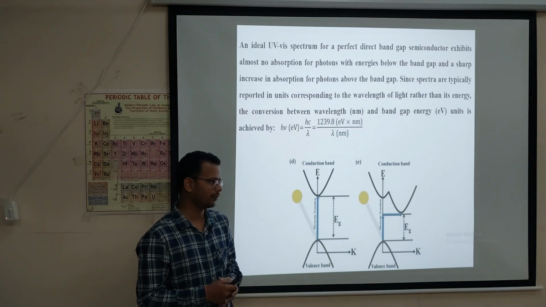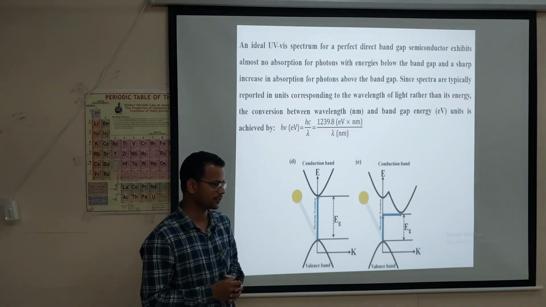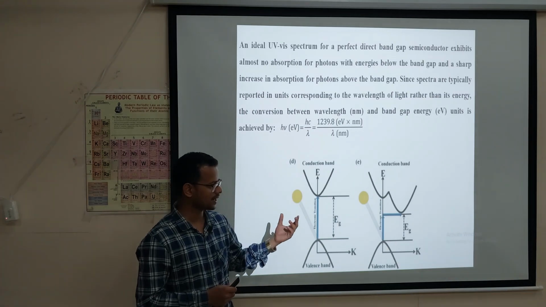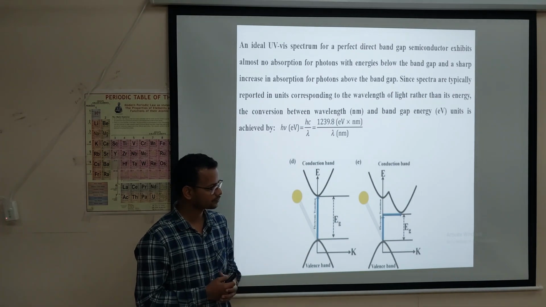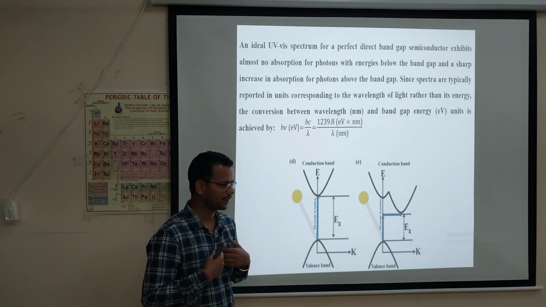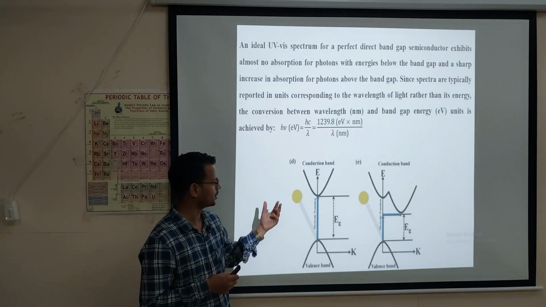Not exactly recombination rate; we cannot assume that by indirect transition the recombination will be reduced. But which transition it follows, we can get from this. There are no such advantages between direct or indirect.